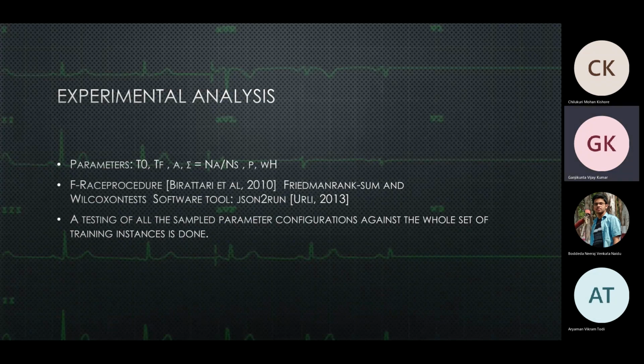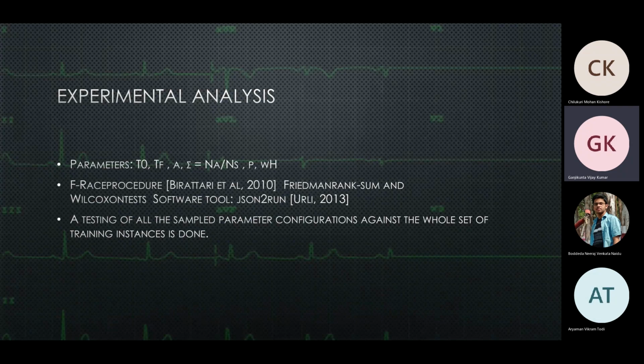By tuning this with a set of all sample parameters against the whole set of training instances, we will get a new set of parameters which can fit the model very well. By tuning, we are moving to better parameters than the ones we defined already. So now we'll get a better range for the parameters, which will work very well.